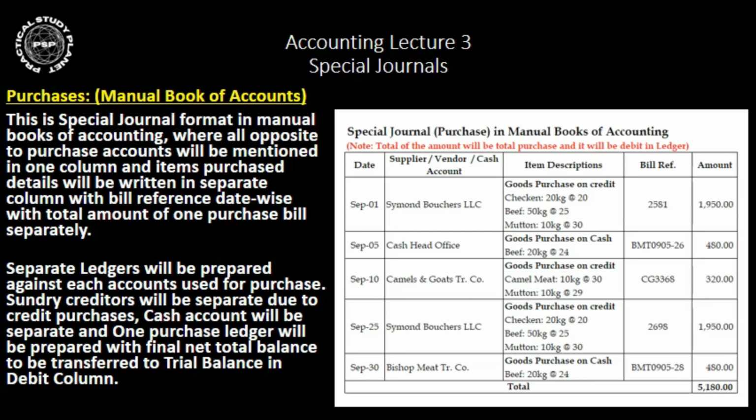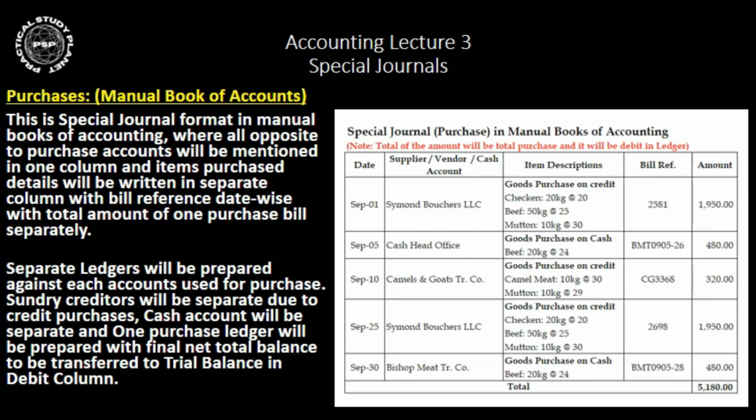So the purchases in manual books of account. This is the special journal format in manual books of account, where all accounts opposite to the purchase account will be mentioned in one column and item purchase details will be written in a separate column, with the bill reference date-wise, with the total amount of one purchase bill separately.